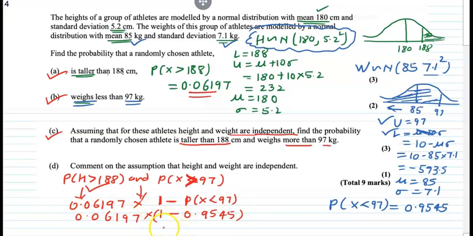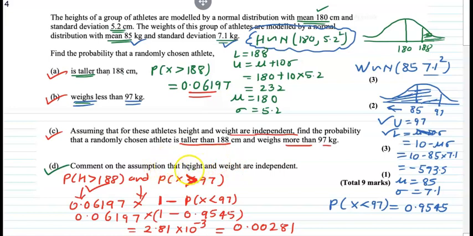When we multiply it, we get 2.81 times 10 to the power minus 3, and that is 0.00281.